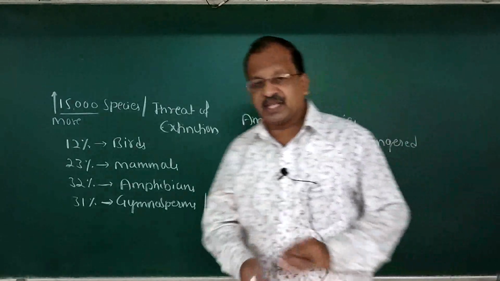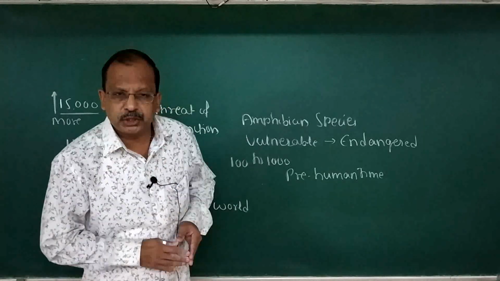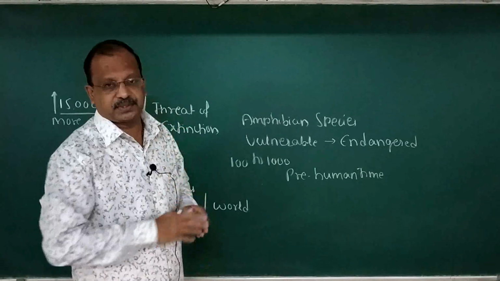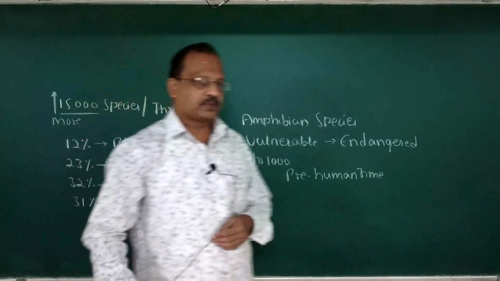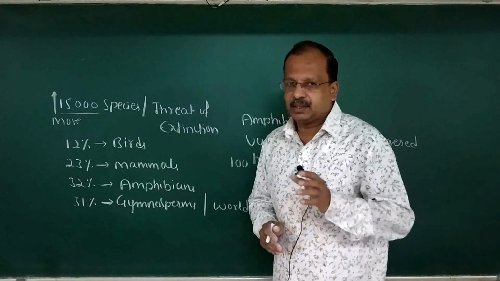But when compared with the pre-human time, the present rate of extinction is very fast. It is 100 to 1000 times faster, mainly due to the activity of human beings. Dear students, as I have requested many times, you have to take care of the numbers.